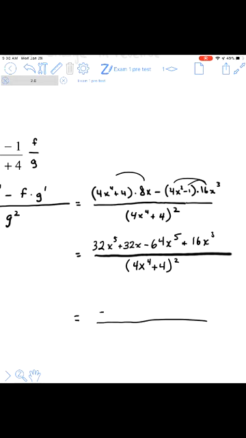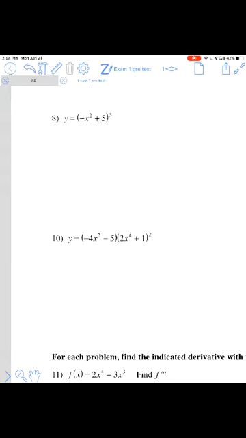So if you combine those, you get negative 32x to the 5th plus 16x cubed plus 32x all over 4x to the 4th plus 4 squared. So that's our example of the quotient rule.